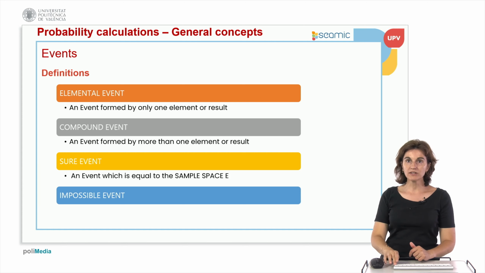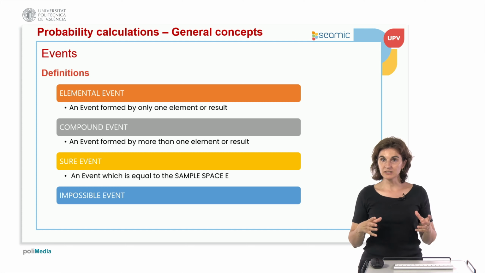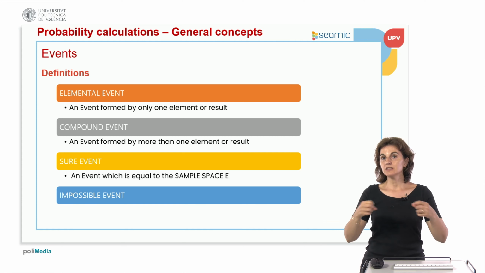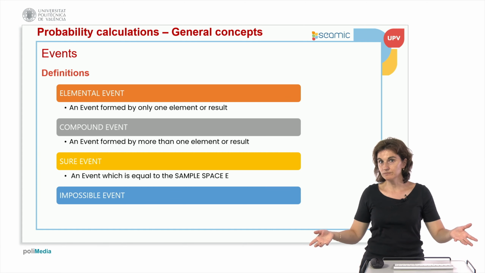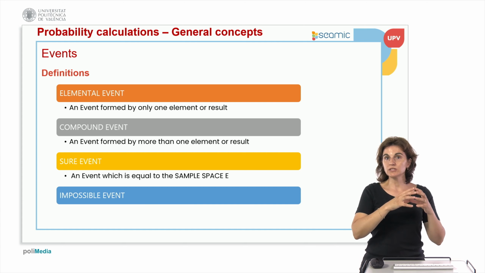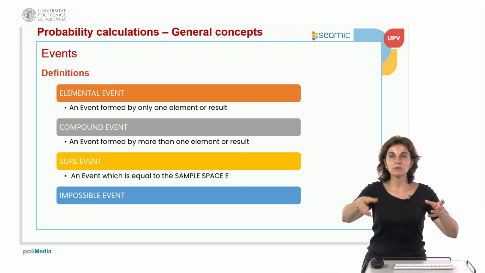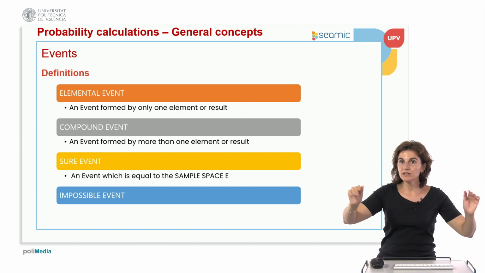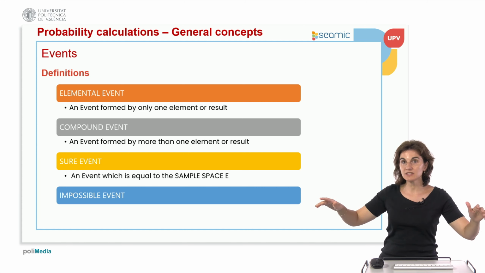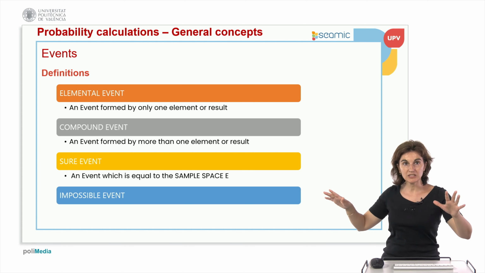There are other types of events that are sure events, those events that we are completely sure are going to happen. Why? Because the outcomes they represent cover the complete sample space. So if you consider all possible options that are related to this event, they cover all potential options and alternatives that we could find as a result of this event.